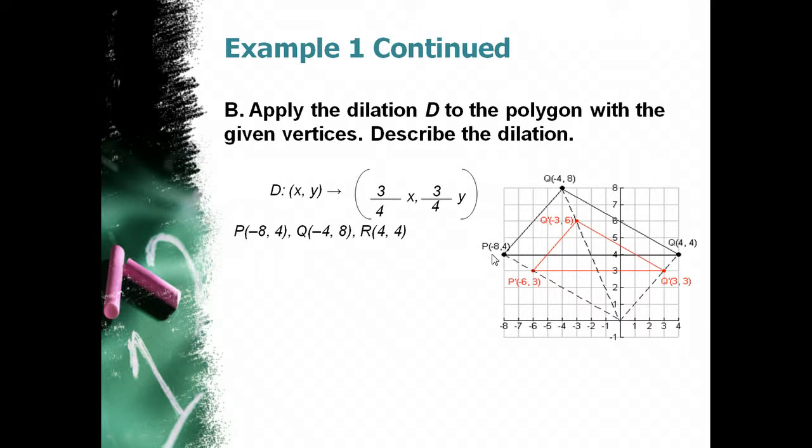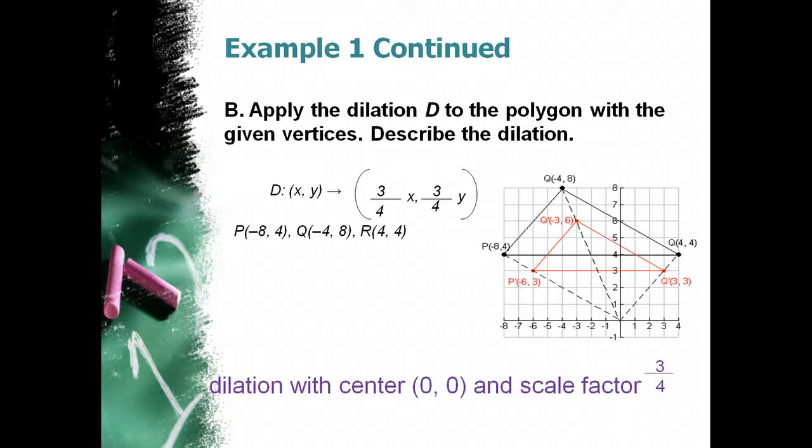Since both of the lines from the vertices go to the point (0, 0), we know this would be the center. Same with the points lined up, the vertices at top. So we have a center of (0, 0) and a scale factor of 3/4.